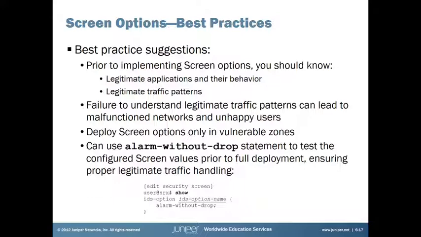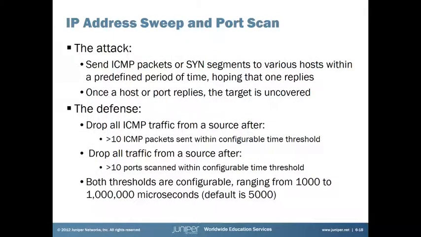There will be certain parameters that represent legitimate traffic, and then there'll be a big jump in that type of traffic when a hacking event is taking place. So we can use alarm without drop to check the temperature a little, to check if we think we've got it right.